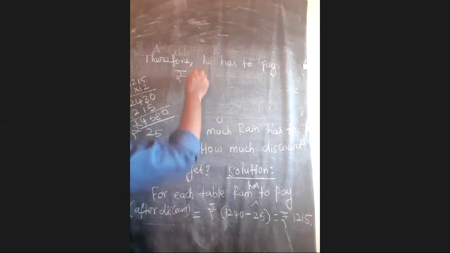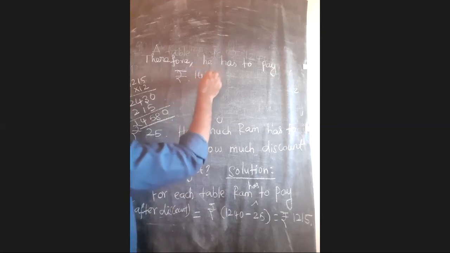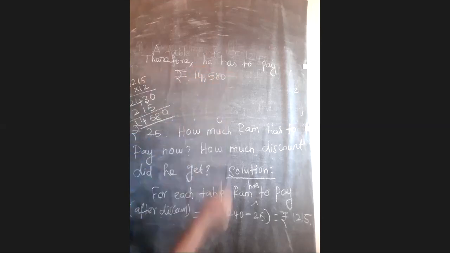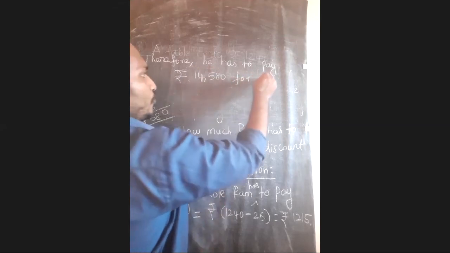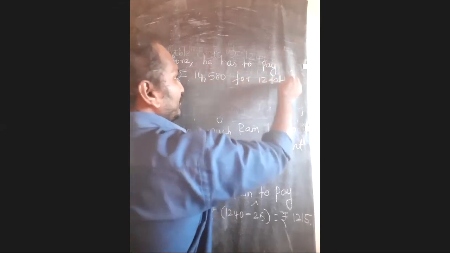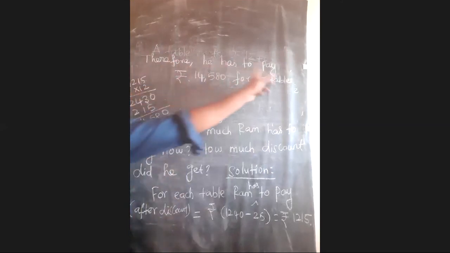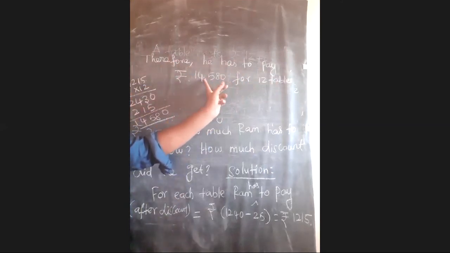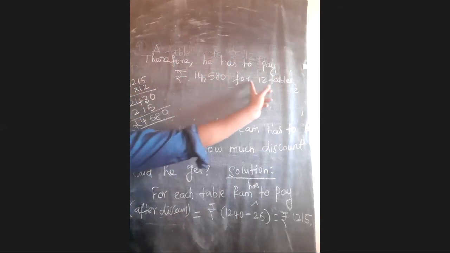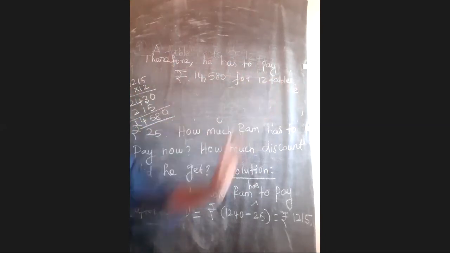So he has to pay 14,580 rupees for 12 tables.